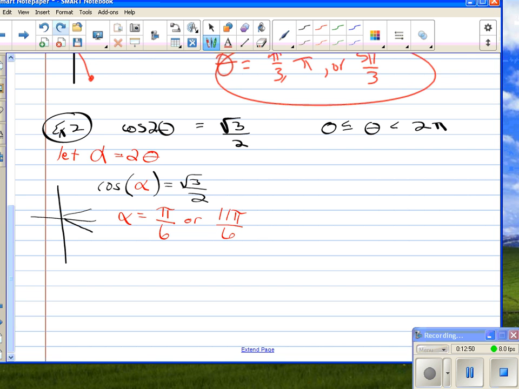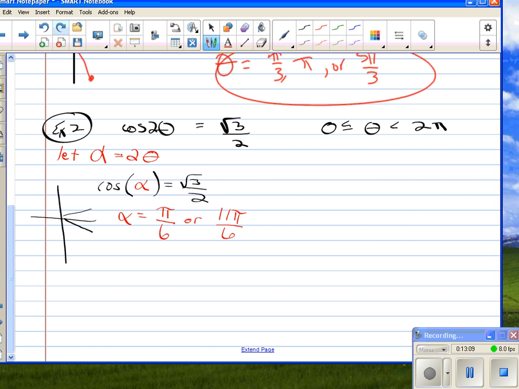Those are the 2 values in the unit circle that have an x value of square root of 3 over 2. But Mr. Tucker, I didn't want to solve for alpha. I really wanted to know what theta was supposed to equal.